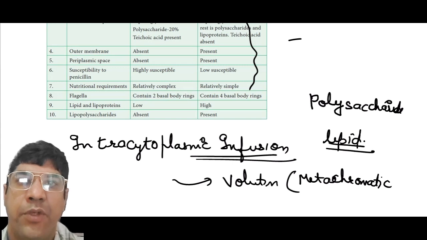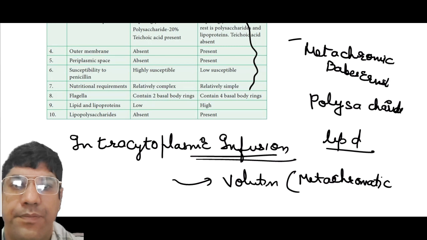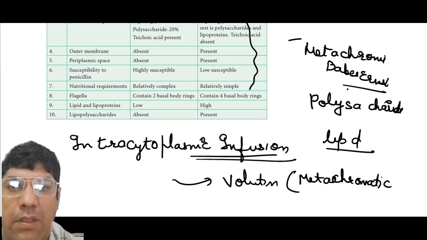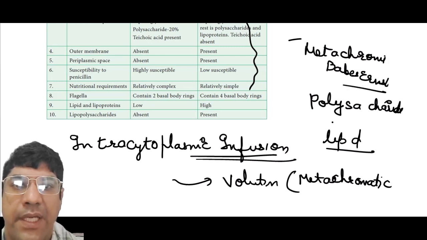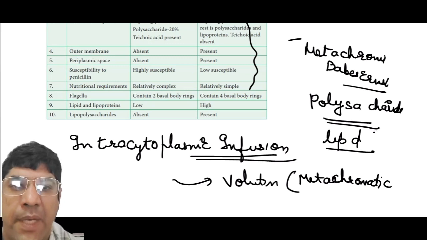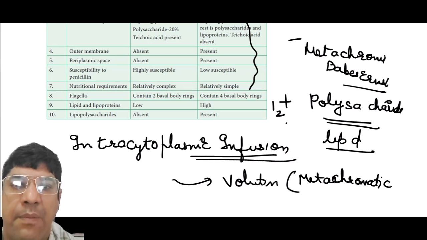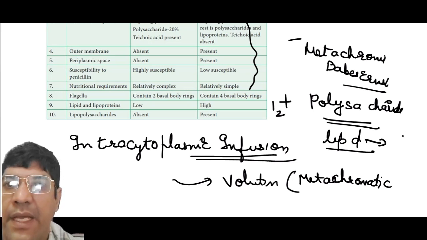Volutin granules are also known as metachromatic or Babes-Ernst granules. The polysaccharide granules are the storage products in the bacterial cells. They can be visualized by staining with iodine. While the lipid inclusions can be stained with fat soluble dyes like Sudan black.